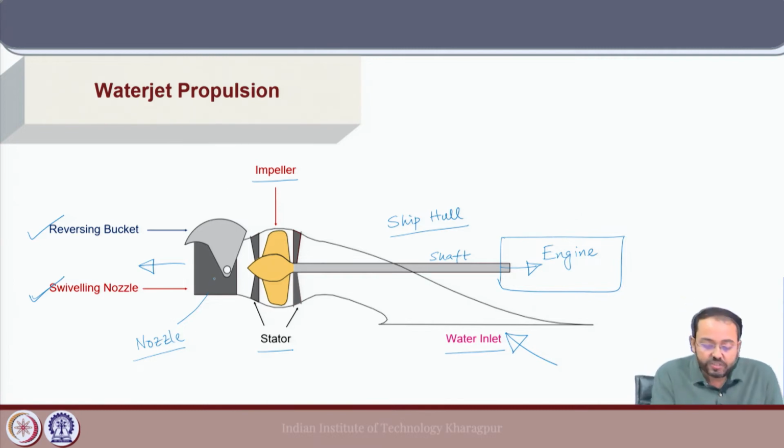First, this nozzle can be rotated on either ways about a vertical axis.